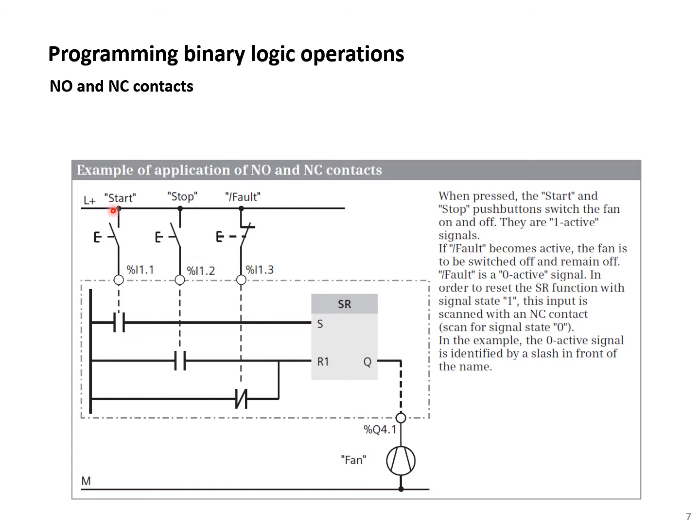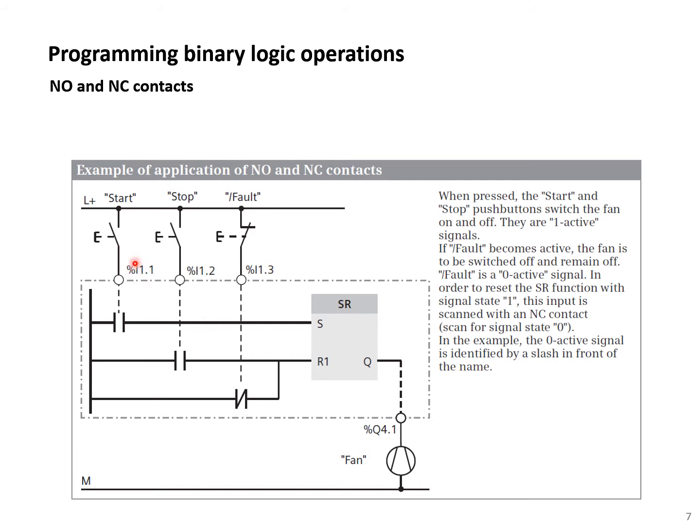If I want to say briefly what I read here, we have 3 switches, start, stop, and fault, and each of them has one address in the memory. For example, when the start button is not pressed, this I1.1 in the memory is 0.